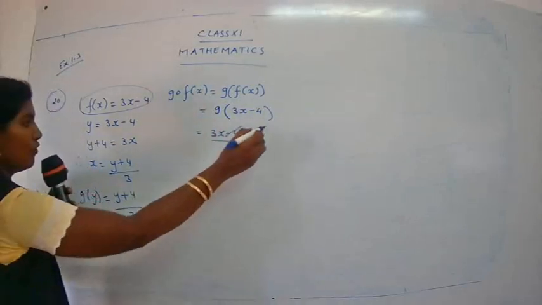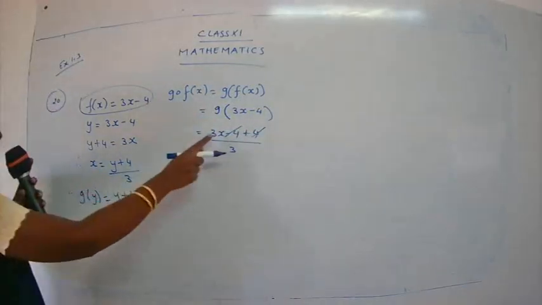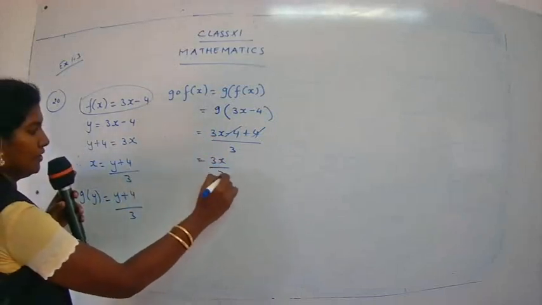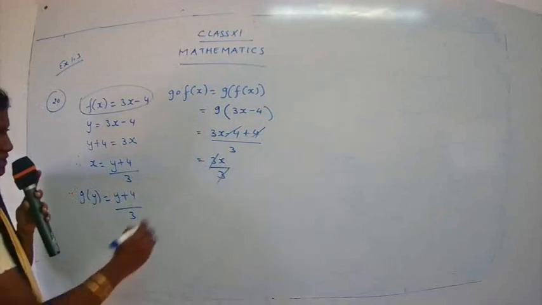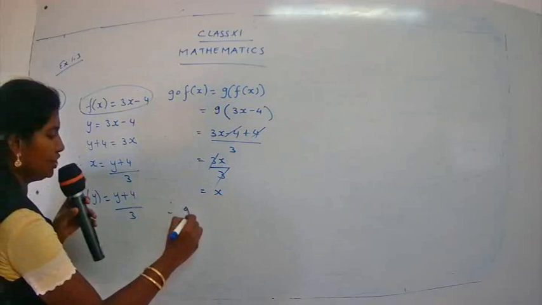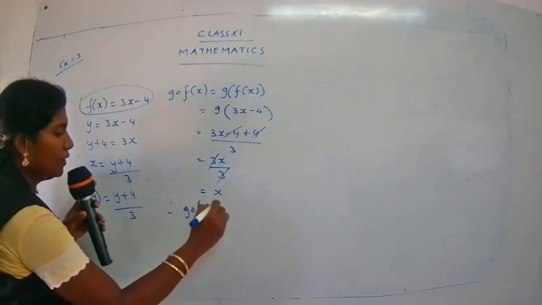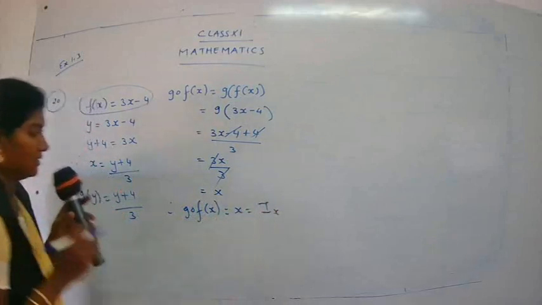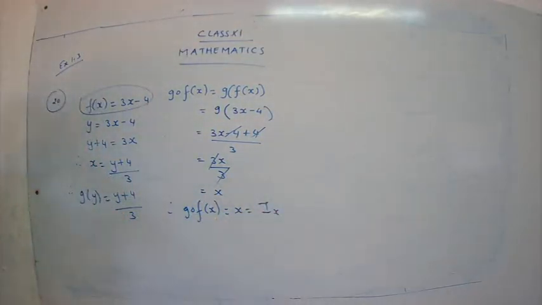Minus 4 plus 4 goes, and we have 3x upon 3. We cancel 3 and 3, and what is left is x. Therefore, g of f of x is equal to x, and we may write this as I of x, because when I solve g of f of x, I get the value x, which can be taken as I of x.